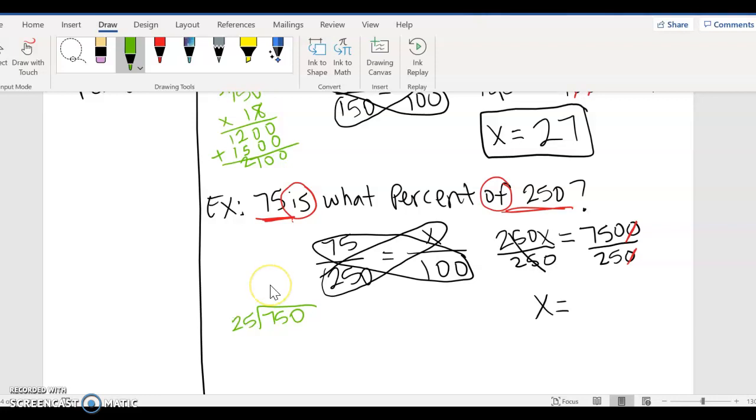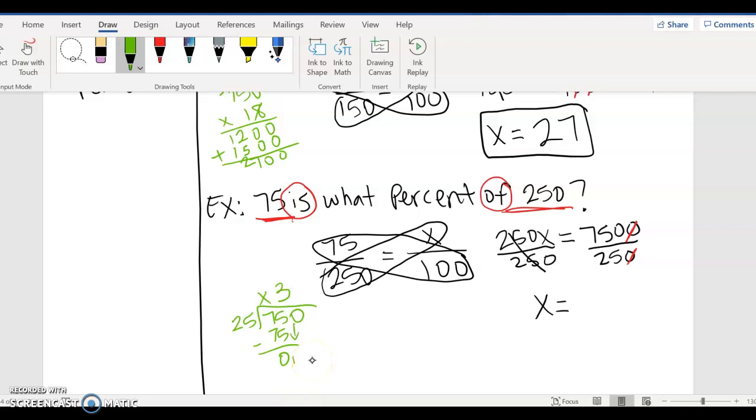25 will not go into 7, but 25 will go into 75. If you think about quarters, it takes 3 quarters to make 75 cents. So 3 times 25 is 75. Subtract, we have nothing left over, but we're not done dividing.